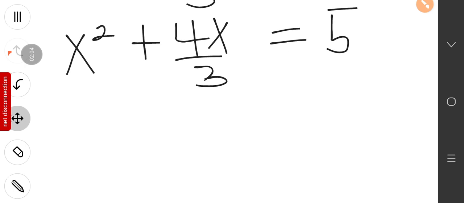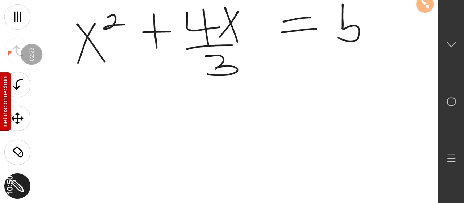Now the next thing we do is to multiply the coefficient of x, which is 4 over 3, by half, or to multiply the linear coefficient by half. So we do it separately, or we do it aside.